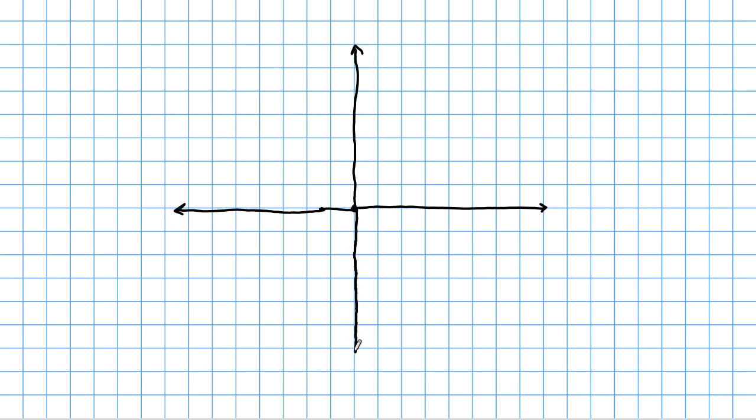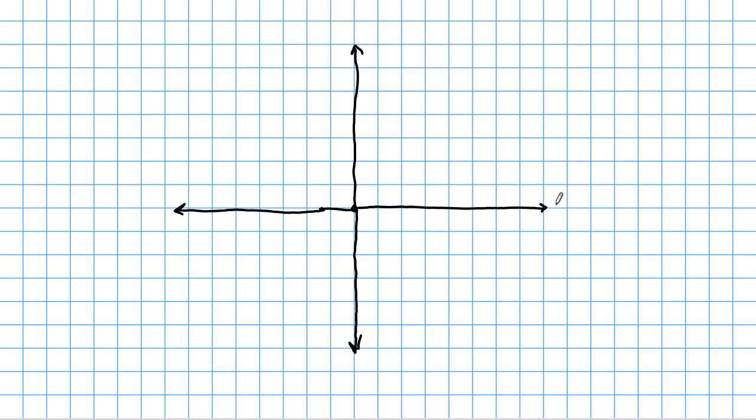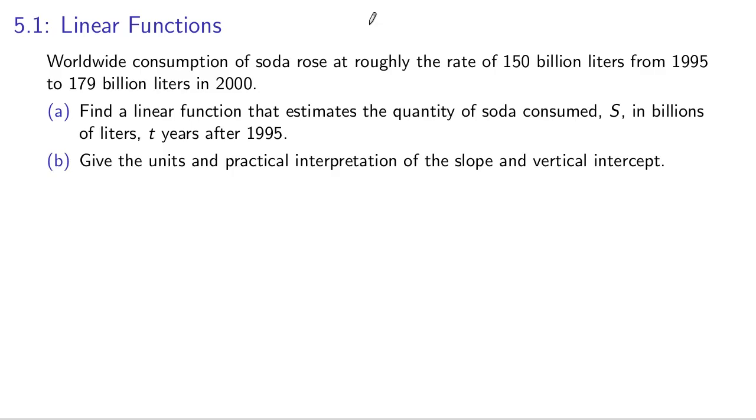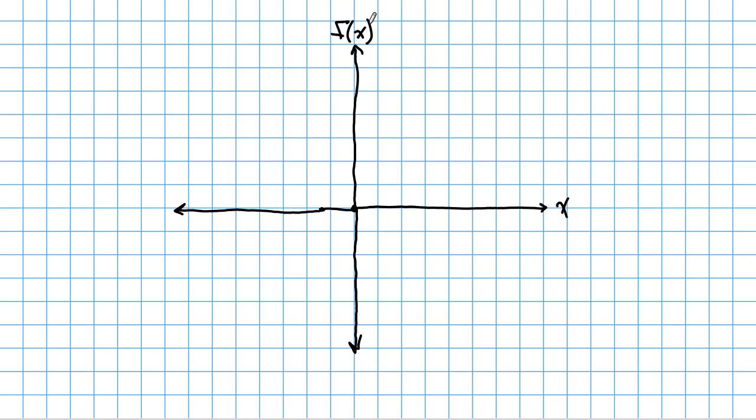So let's make some axes. Let's flip back and look at what we should label them with. x is the input, and the output is f(x). Now we know that when the input is 0, the output's 100, and then our slope is 25. So let's make every one of these boxes worth 25.